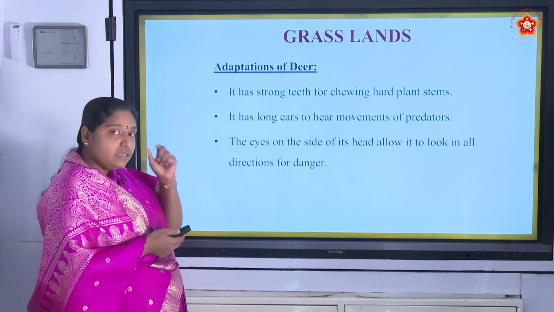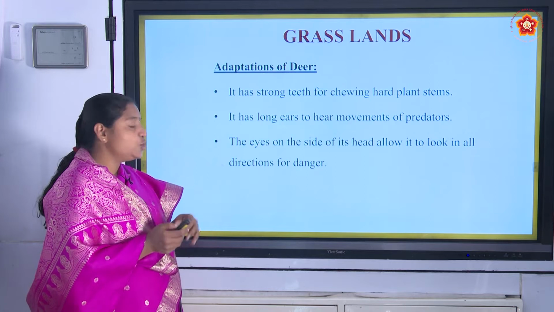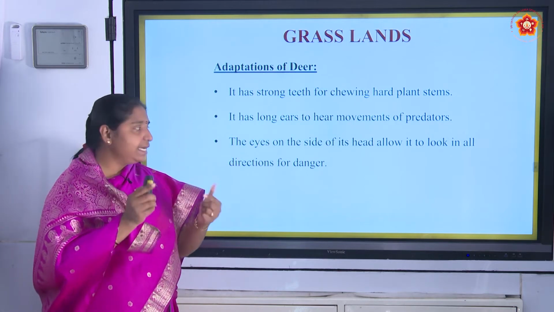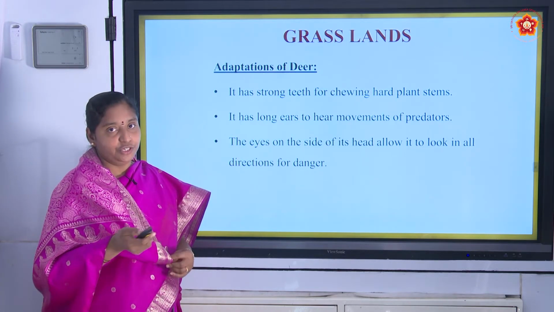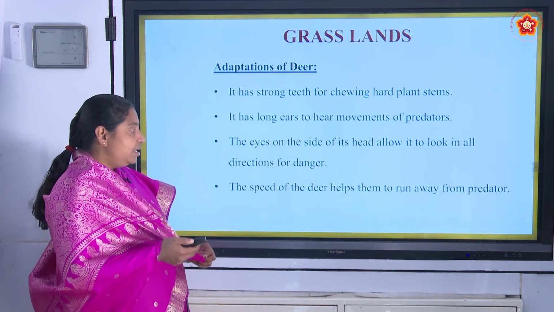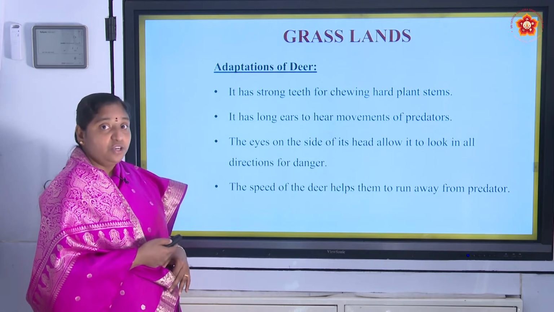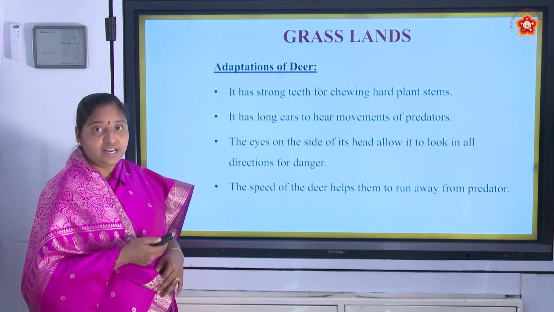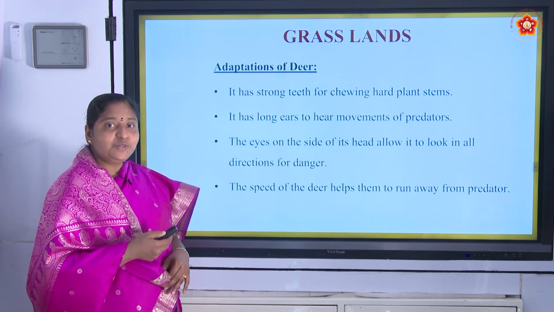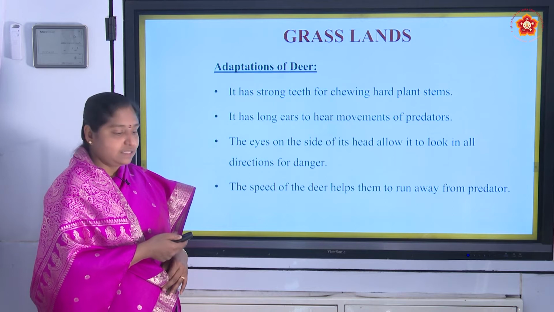The eyes on the side of its head allow it to look in all directions for danger. The speed of the deer helps them to run away from predators. You all know deer will run very fast because it has to protect itself from the predator. So it runs very fast.